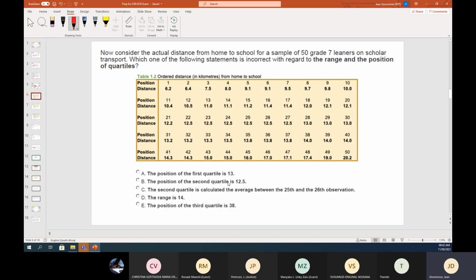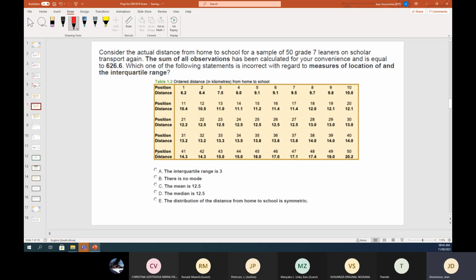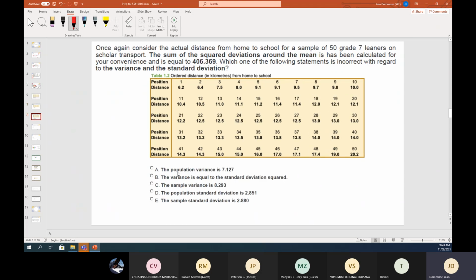So you will see here's a lot on this one, on Q1, the position, and what we will also work out, the value. Then there are questions on mean, median, and mode. So we will definitely go through this one as well. And then they talk further on other things.